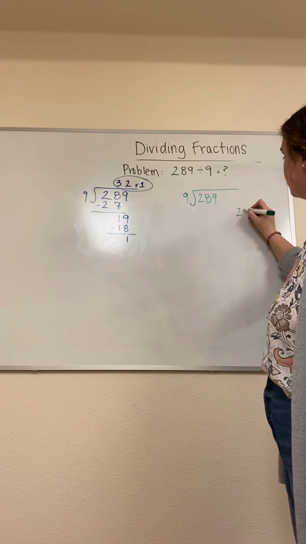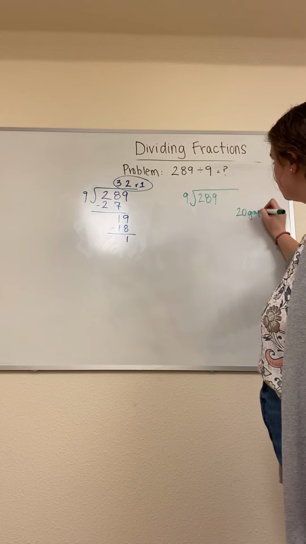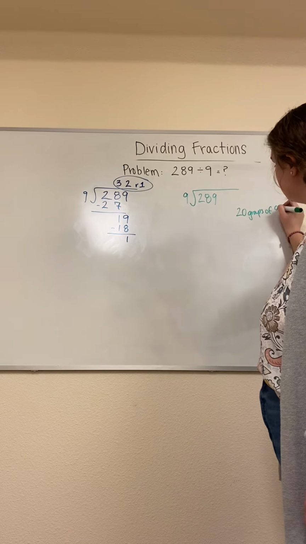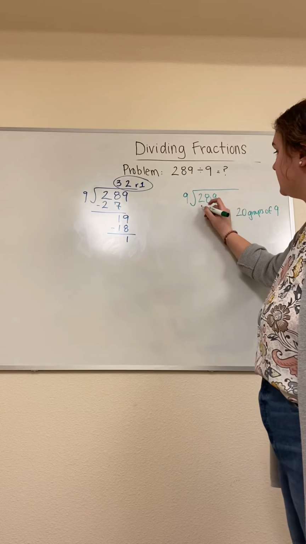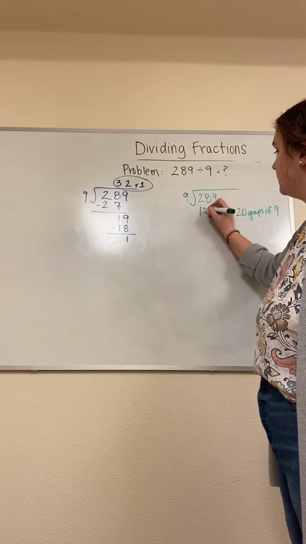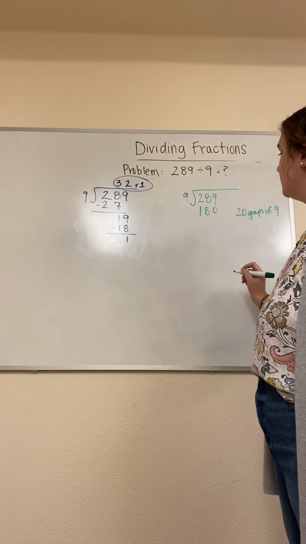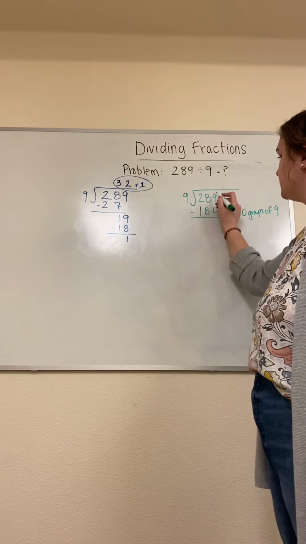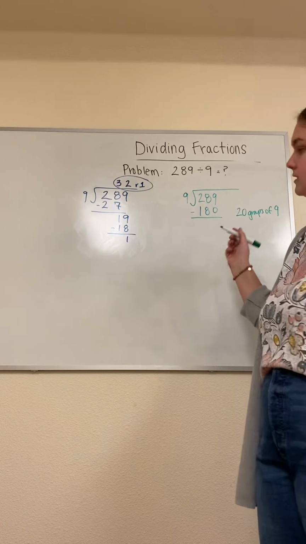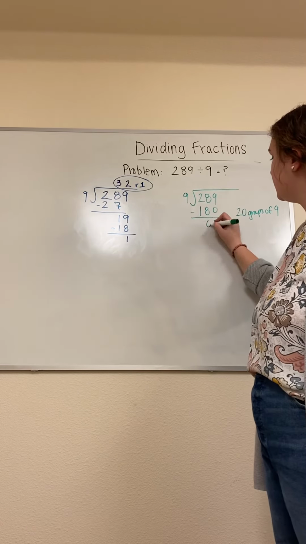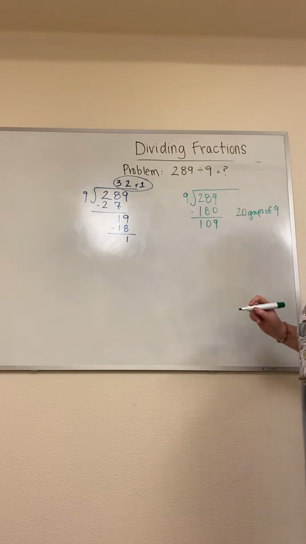We're going to say we have 20 groups of 9, which also equates to 20 times 9. And 20 times 9 is 180. So then we're going to subtract this from our total, and then we're going to keep seeing what we have to work with. So when we subtract this, we get 109.